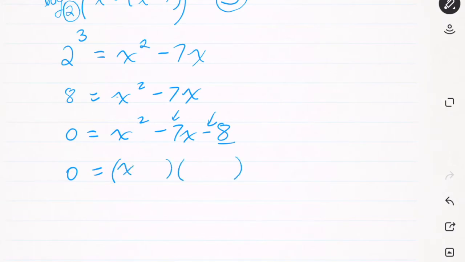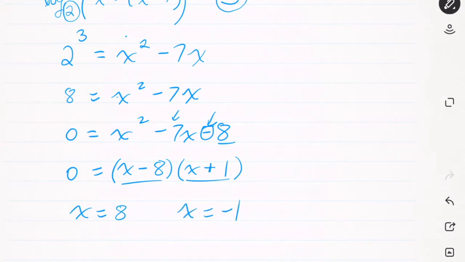So we're going to get x, 8, x, 1, and the bigger number has to be negative, so it's going to be (x minus 8)(x plus 1) because we need a -8 at the end. So our two solutions are going to be x equals 8 after you set your factors equal to 0, and x equals -1.